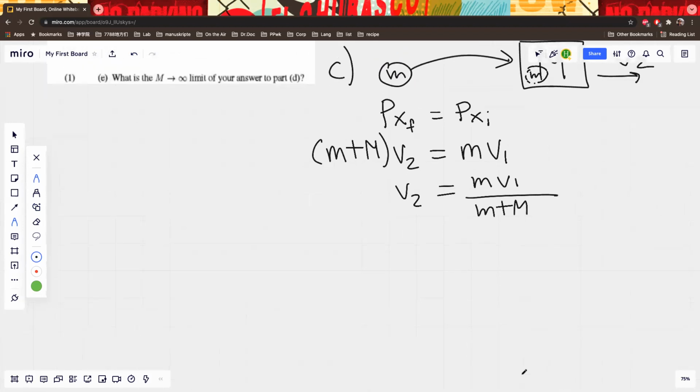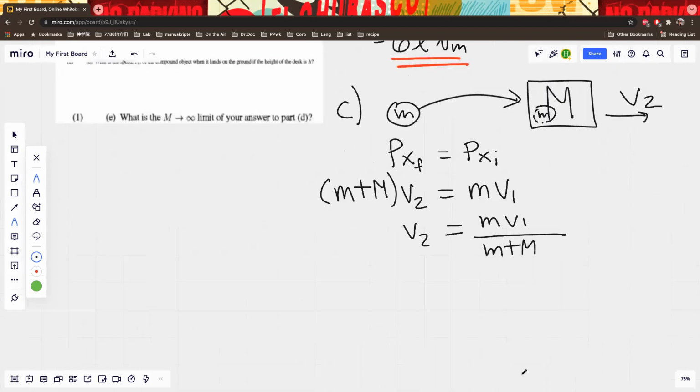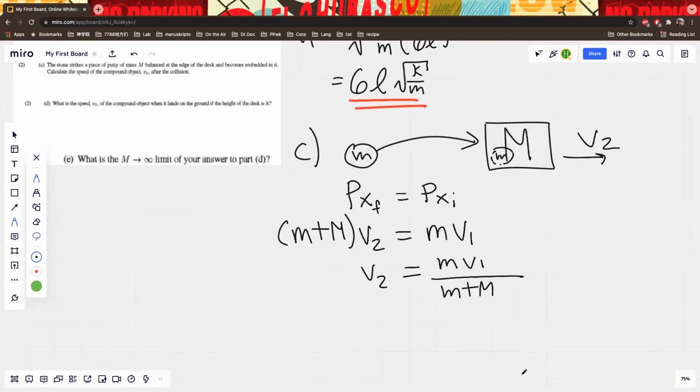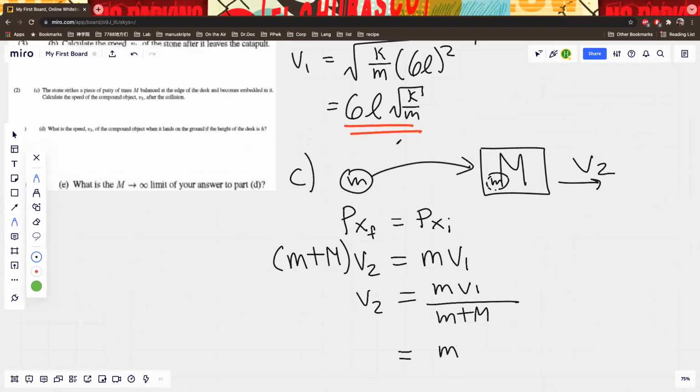Okay. And then we do have a formula for v1. So v1, we calculated v1 right here, right?